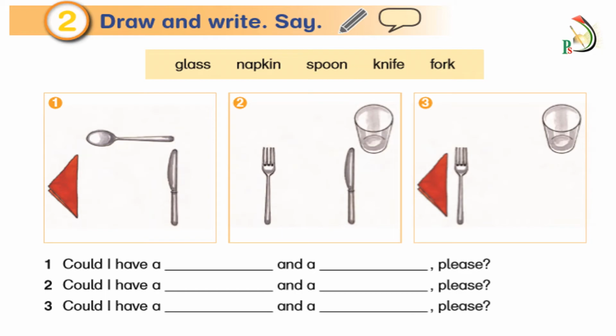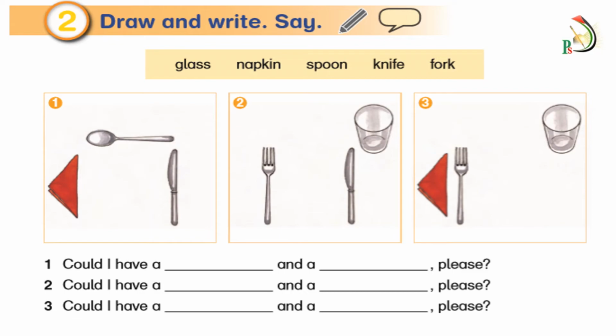Great job. The missing things here in table number 1 are glass and what? And a fork. Okay, so let's start with question number 1 down and complete the question.